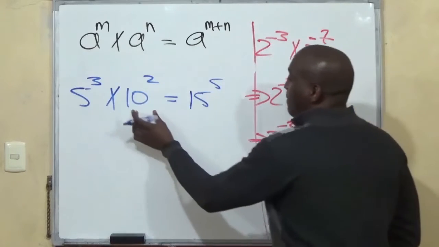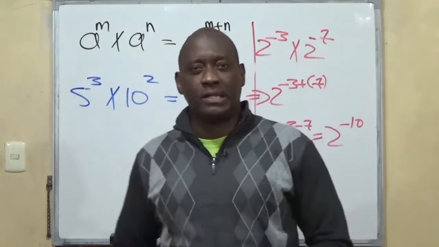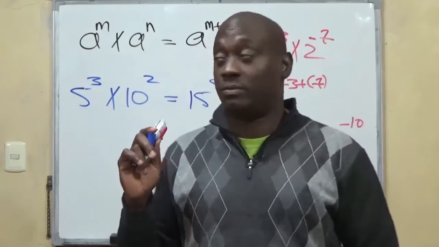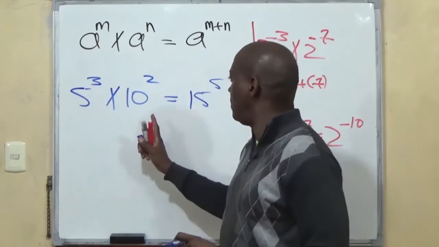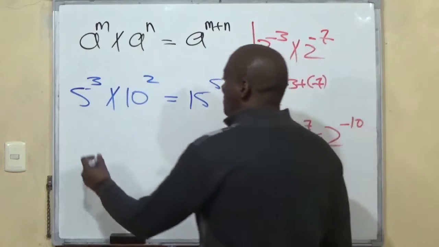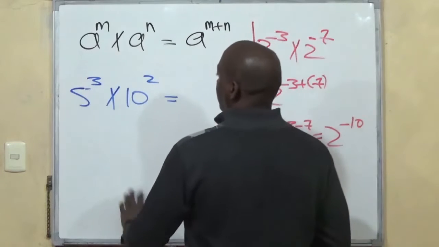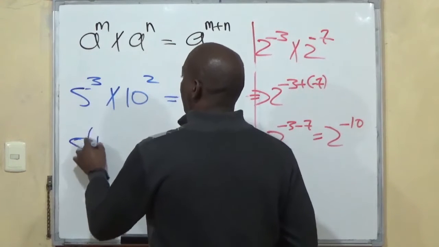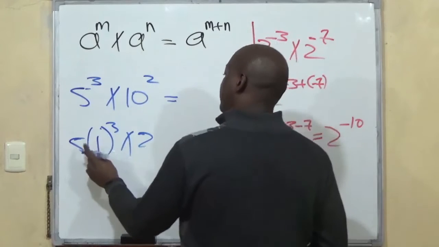So anytime the bases are different, do not even think of using this rule here in black. And unlike multiplication, there is no case where you could factorize. You can factorize here, right? So you can't say, well, because you have 5 here and you have 10 here, then you could say 5 times 1 to the power of 3 or something like that, multiplied by 2, 5, let me see.